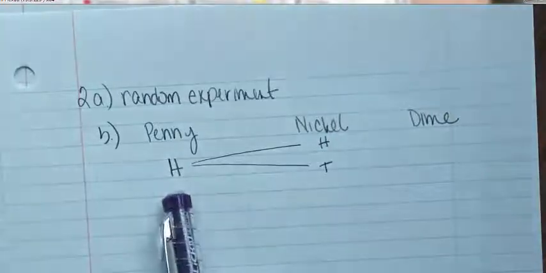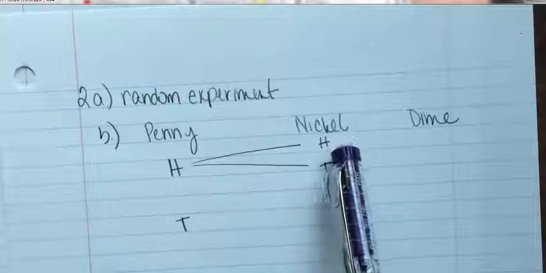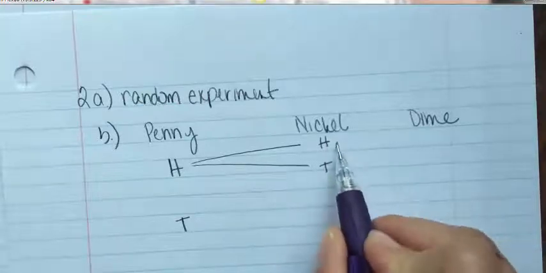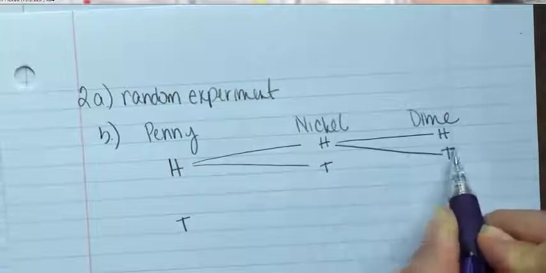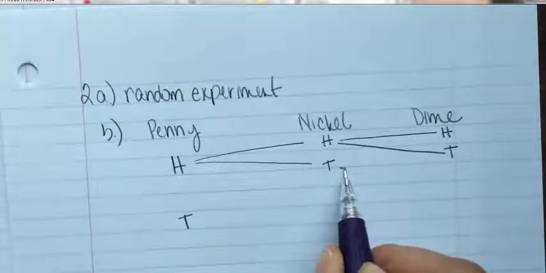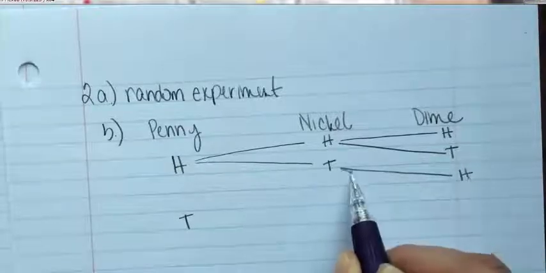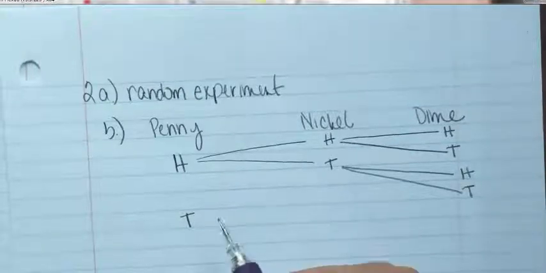So if my penny lands on heads and then I flip my nickel, my nickel's either going to land on heads or tails. And then I flip my dime, and that's either going to land on heads or tails. Or maybe my nickel landed on tails, and then I flip my dime, and I get either heads or tails. Now I can do the same thing. What if my penny instead lands on tails my first time around?